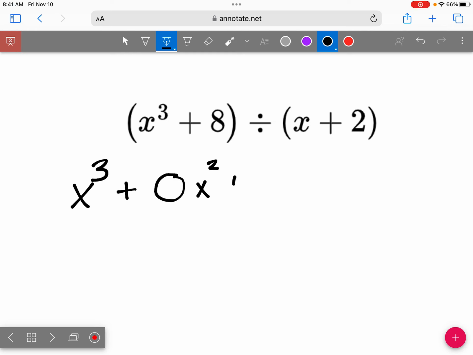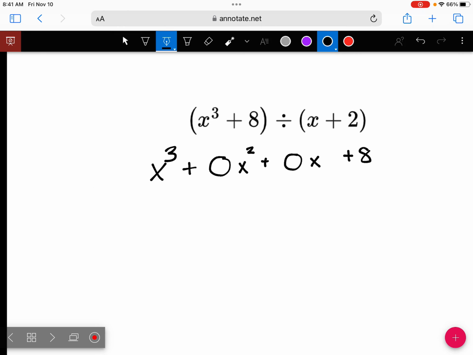How many x's do I have? 0 x's plus 8. So we still need to have coefficients for these terms when we put it into our synthetic division. This will be the other place where people make mistakes. If we have a term that's missed, you still got to put a 0. Super duper extra important.